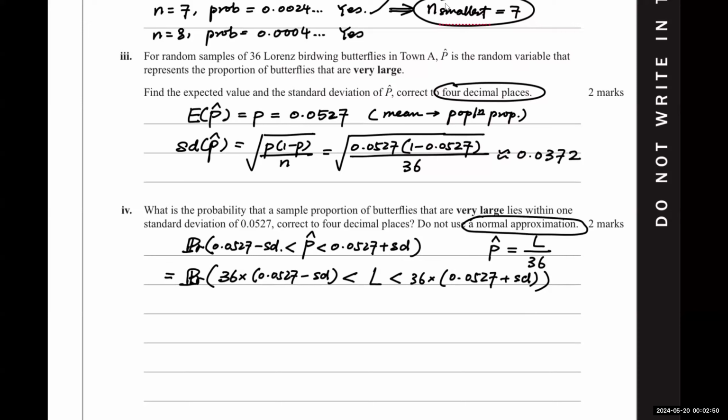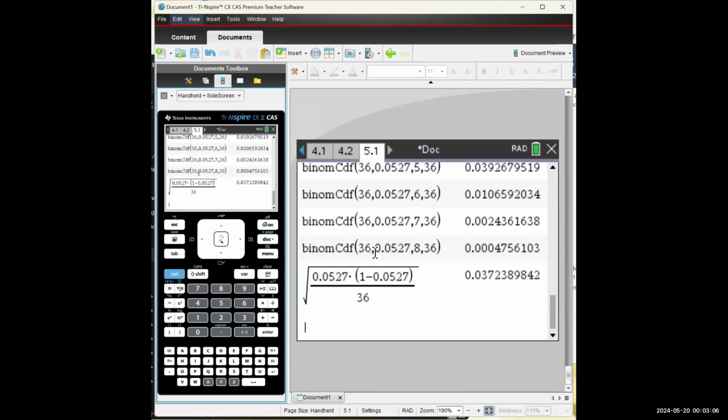All right. So I'm going to get a range of values for L and then put the rounded value within for whole numbers and use a binom CDF, okay? And you could say, all right, I've got 36. Maybe let's do this. 36 times 0.0527 minus that.